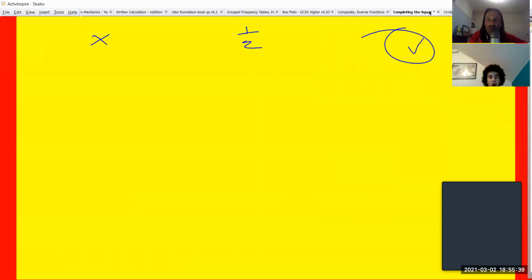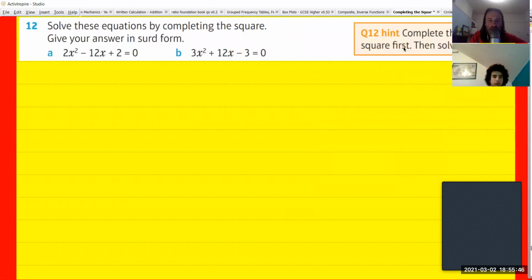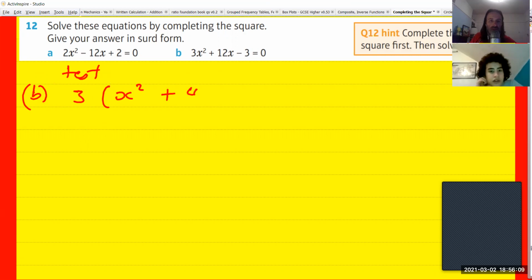Do we need to do tests for completing the square, or you think you're okay for it? Might as well. So let's do B. 3x squared plus 4x minus 3 equals 0.